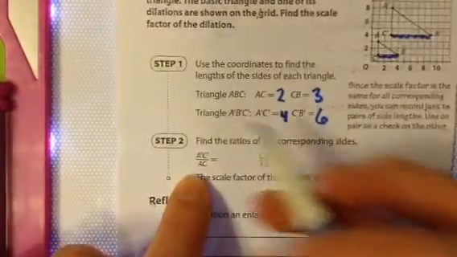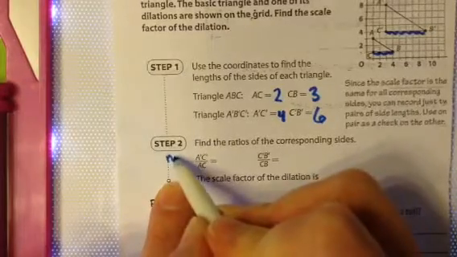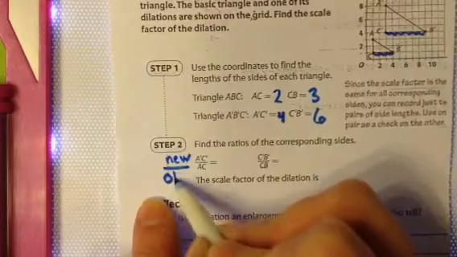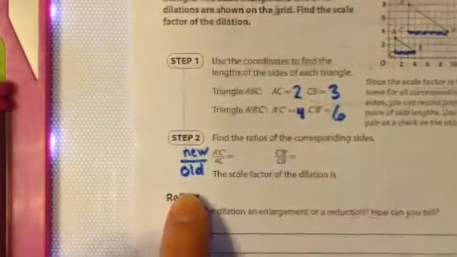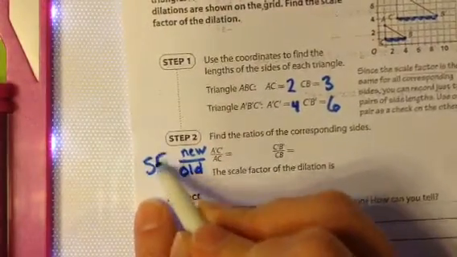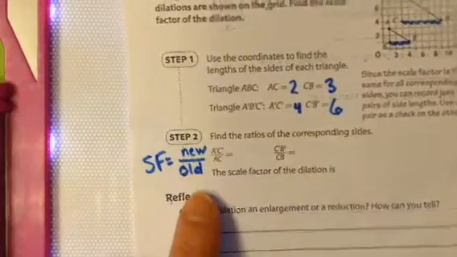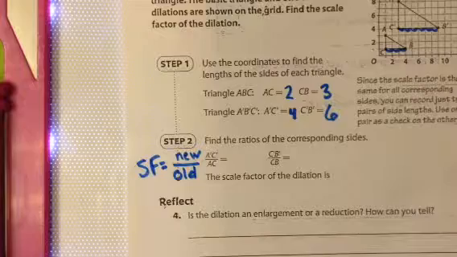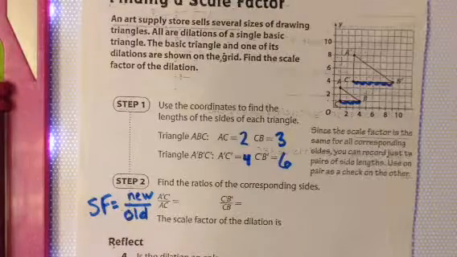So we have the new over the old. That's how you're always going to find the scale factor. You can use coordinates, or you can use side lengths as long as you have some that are vertical and horizontal like we do on this one.